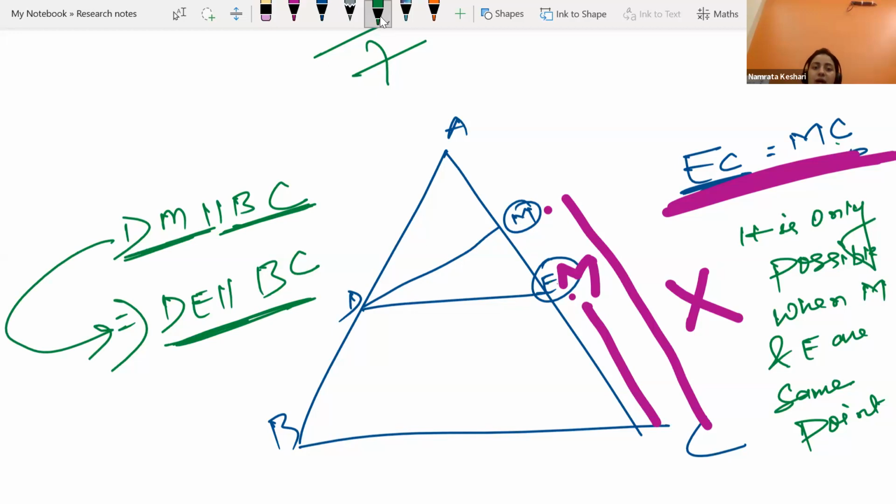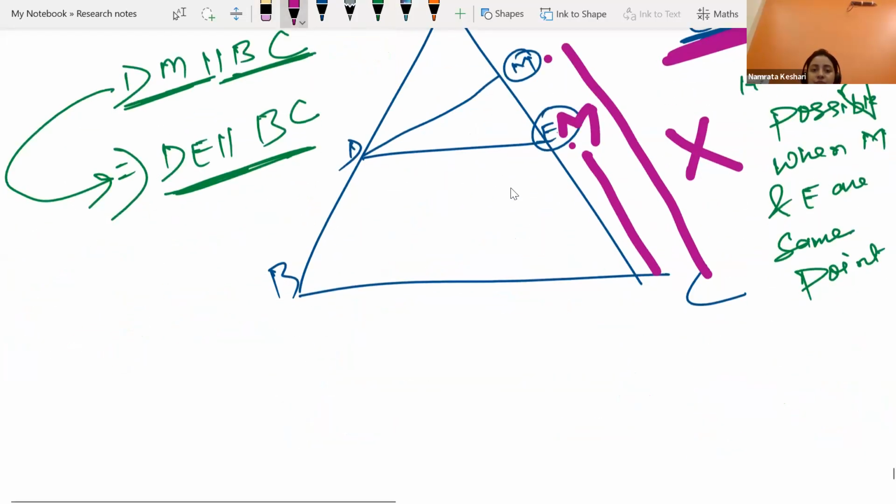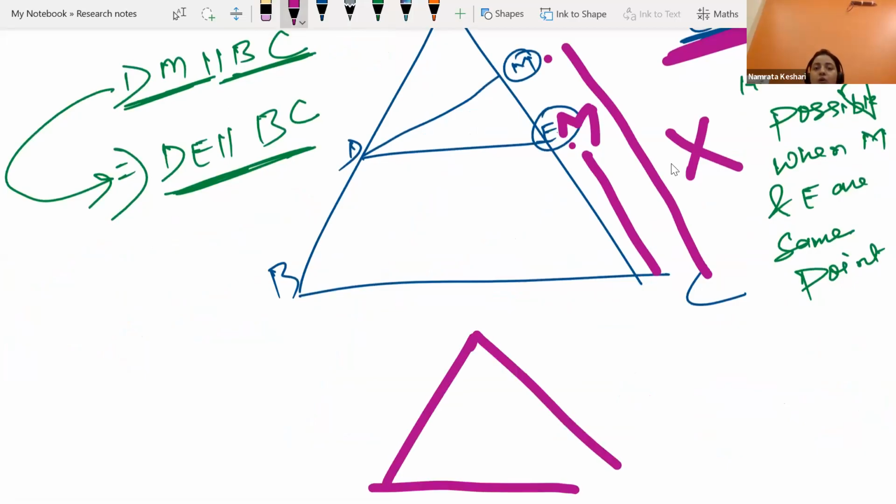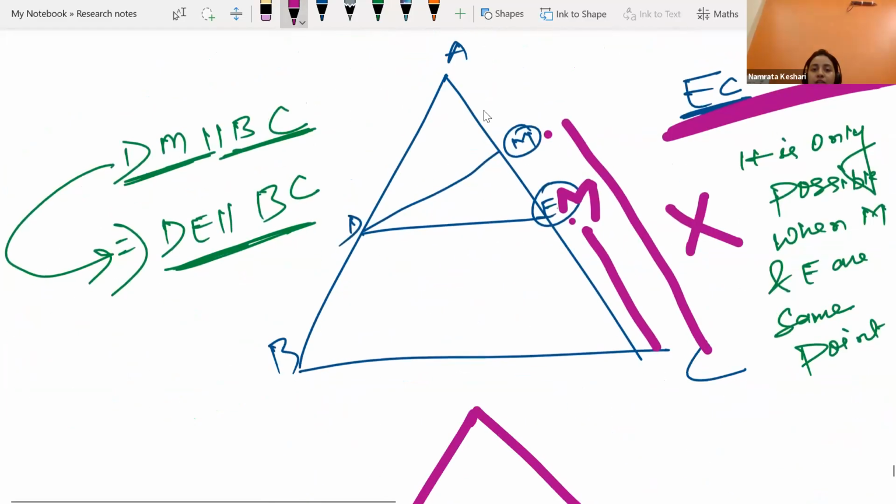Why no? DM is parallel to BC we have taken, right? According to whatever we have got now, E and M are the same point.